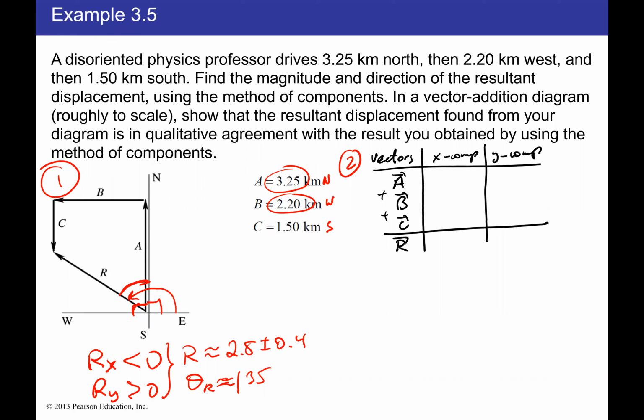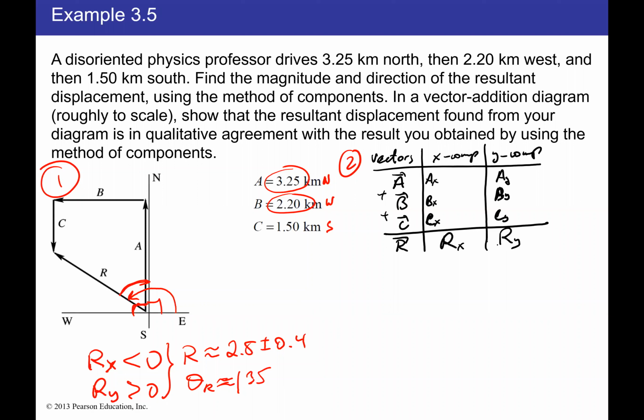But to get that, I first need to find the X components of each one. So here's Ax, here's Bx, here's Cx, here's Ay, here's By, and this is Cy. And what I get are the components of the resultant. Let's see what we have for those values.